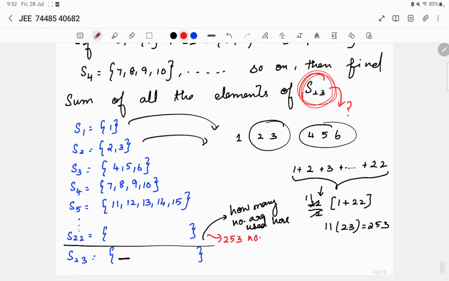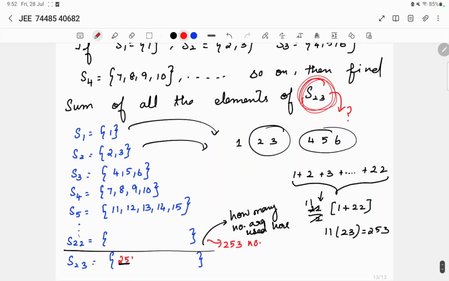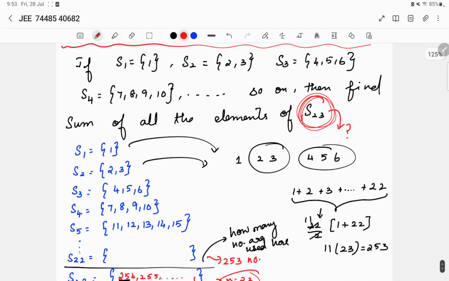In S23 we will have 254, then 255, and it keeps on going like this. And I know the value of n here, 23 numbers will be there. I will repeat this again. In S1 we have just one element inside the set. In S2 we have 2 elements, 2 and 3.